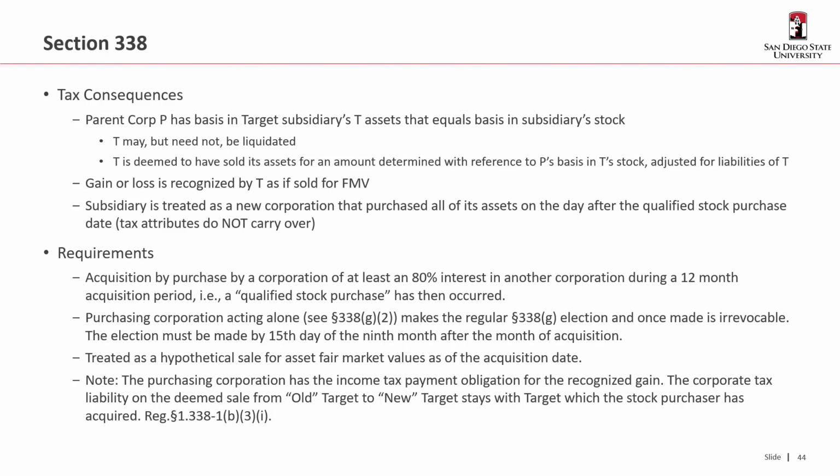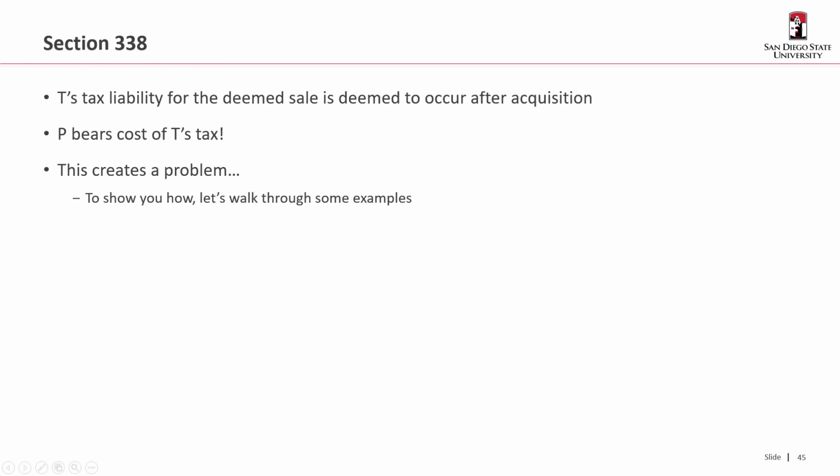That was A, the shareholder in T. In this case, it's actually the buyer. Okay, so T's tax liability, we just went through this, right? P bears the cost of T's tax. This is going to create a problem. And to show you how, we're going to walk through some hypothetical examples.